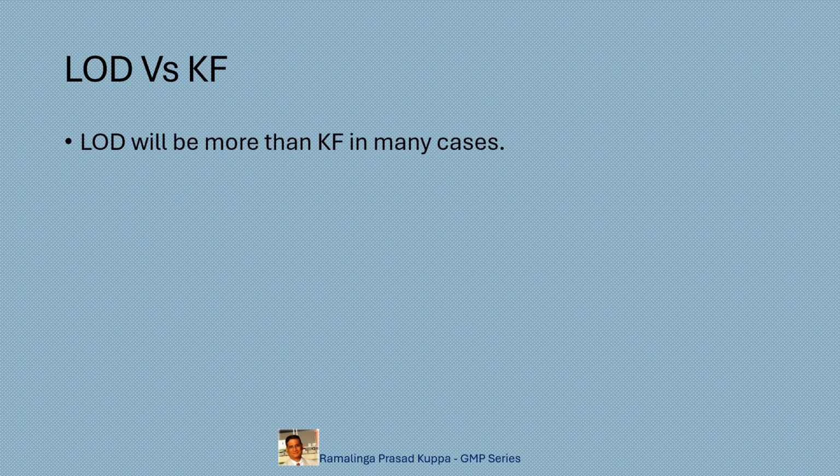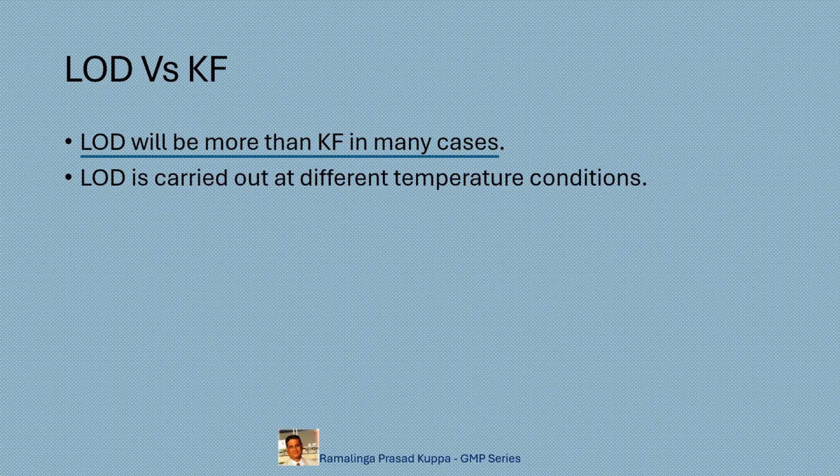Let us compare the LOD test and KF test. LOD will be more than KF in many cases. This is because in addition to water, there could be other solvents present as residues. Hence, LOD will be higher when compared to the KF test. LOD is carried out at different temperature conditions.